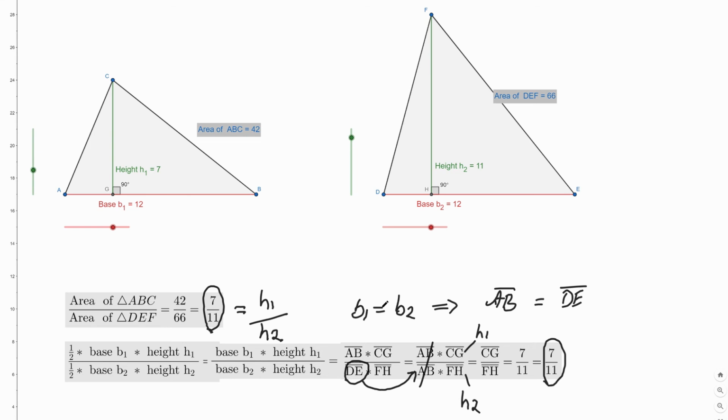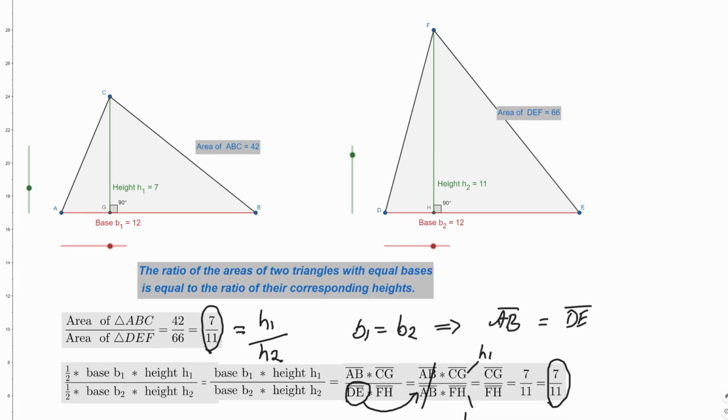Now this relation we can again put in simple English words. Here it is. The ratio of the areas of two triangles with equal bases is equal to the ratio of their corresponding heights. Now this is important. Again here we can test this property by changing the height.